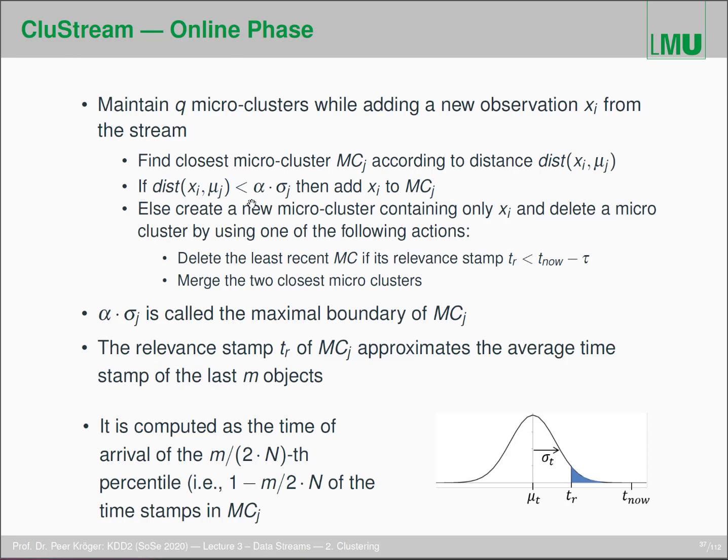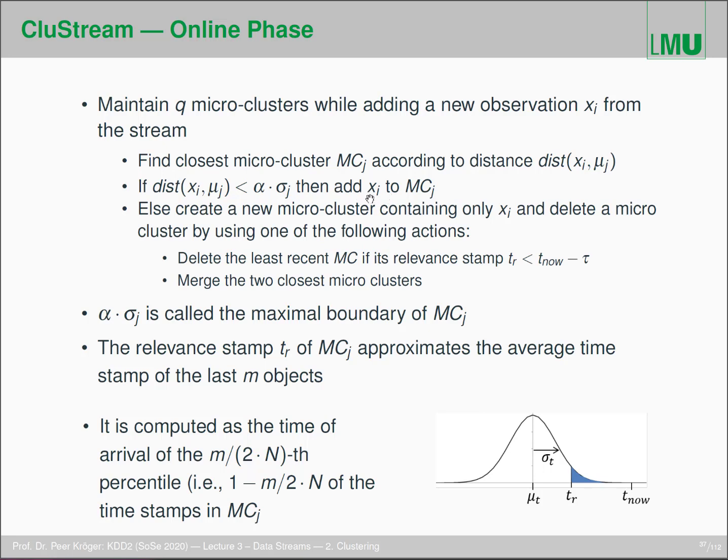You also work with a distance threshold, but this threshold is now dependent on the standard deviation of the cluster. So you find the closest one, and if x is closer to the representative than alpha times the standard deviation of this cluster, then you say that x fits this microcluster and you add it.